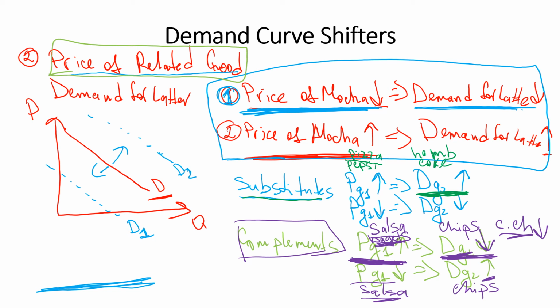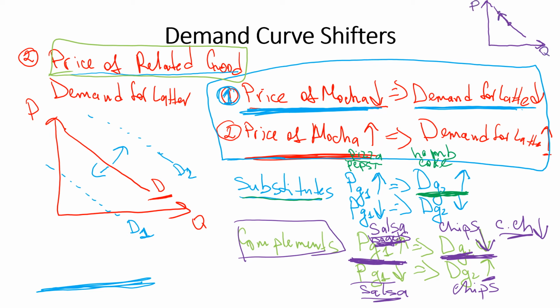Okay, one more thing that I wanted to mention in this video, guys. Remember, we said in the previous videos, and this is very important to understand, that when we are talking about change in quantity demanded, it means we're talking about moving from one point to another point on our graph.